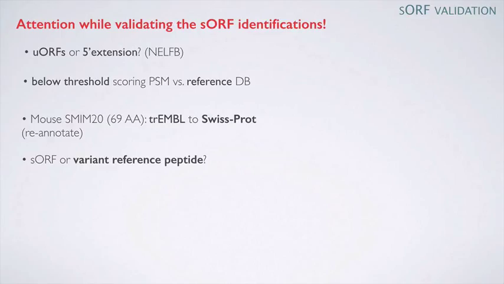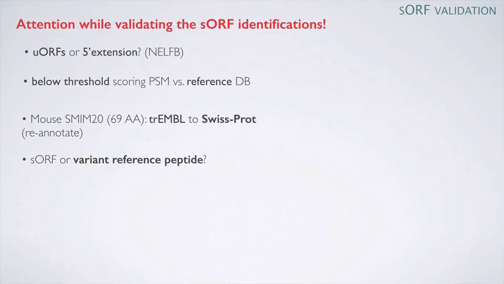So basically first search against what's known, Swissprot, and then afterwards we search against the new stuff that we come up with, small open reading frames. Sometimes an identification against the new stuff actually points to something which just fell below the identification threshold, but is very abundant in your reference database. So you must really be careful.